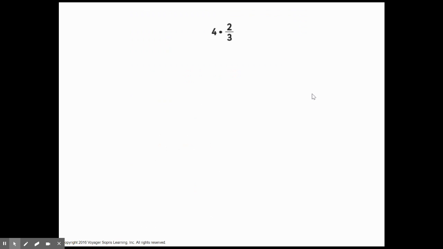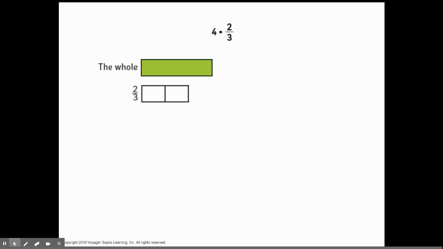We're going to review how to use those Cuisenaire rods to multiply a whole number and a fraction. First, we'll model 2/3 by showing the whole and the fraction 2/3. We multiply 2/3 by 4 by repeating the rods for 2/3 a total of 4 times.